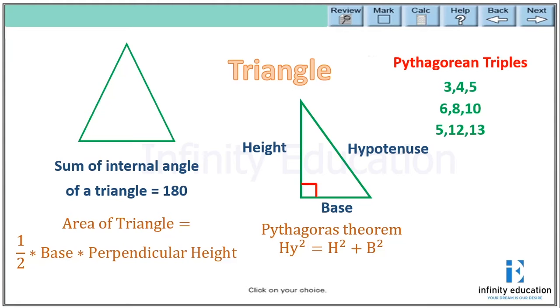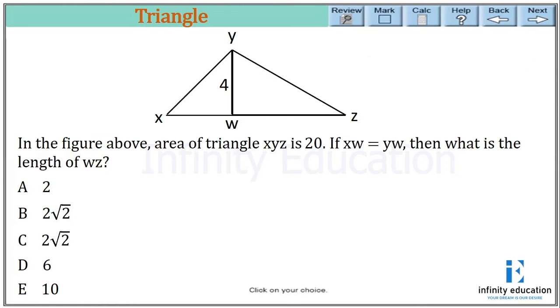Now let's see some examples. In the figure above, the area of triangle XYZ is 20. If XW equals YW, then what is the length of WZ? Okay, so it is given that the area of triangle XYZ equals 20.